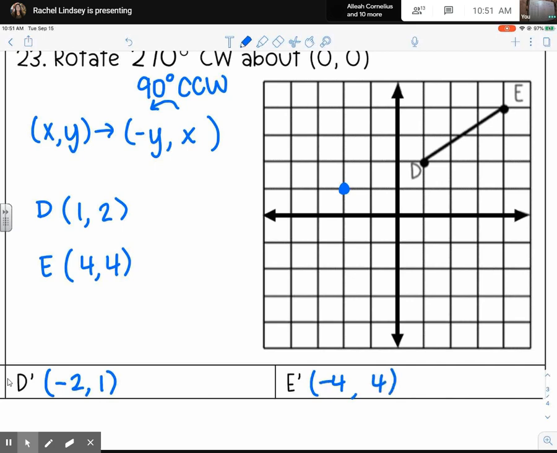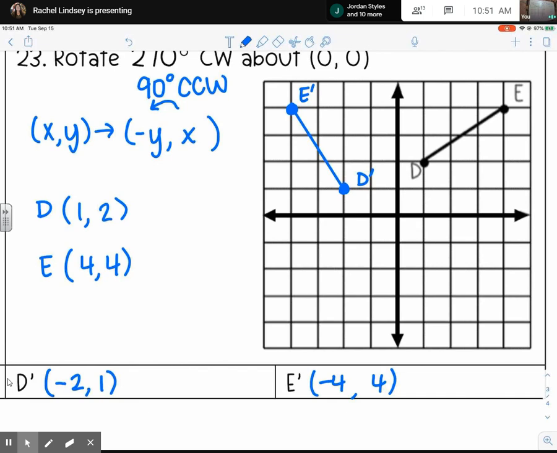Positive. So I went three quadrants clockwise, or one quadrant counterclockwise. So that is rotation.